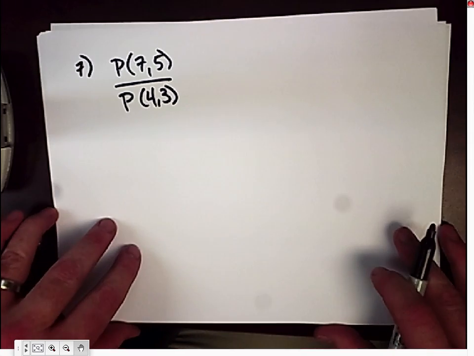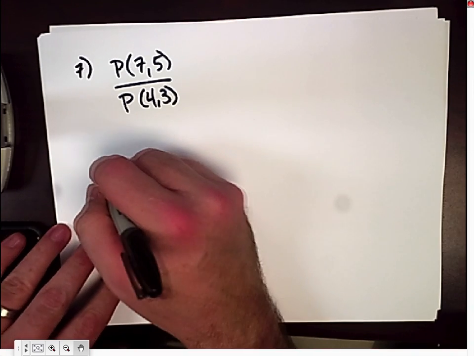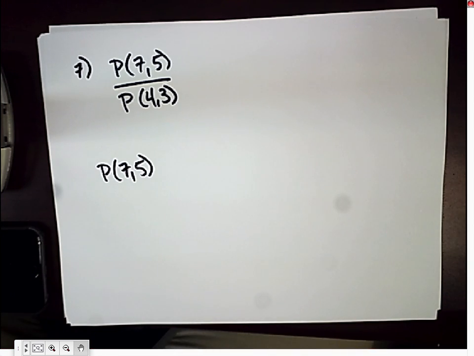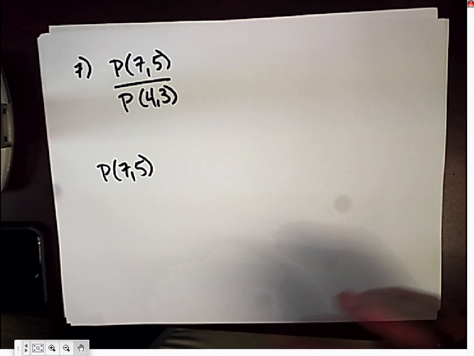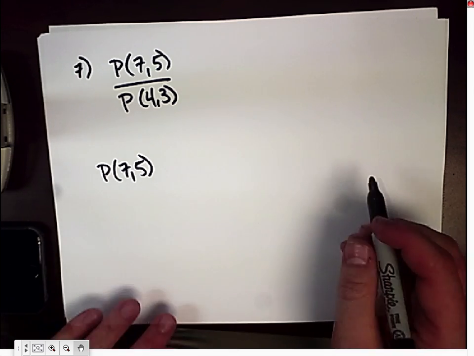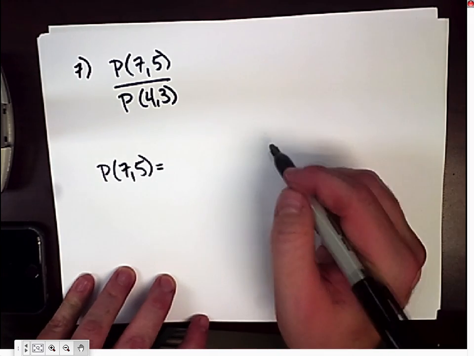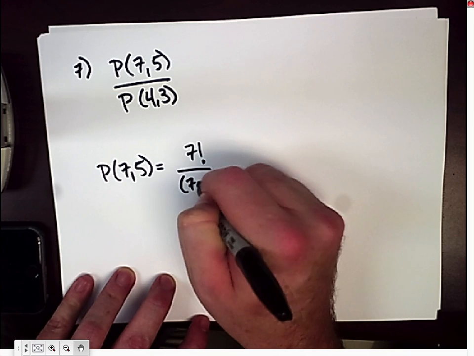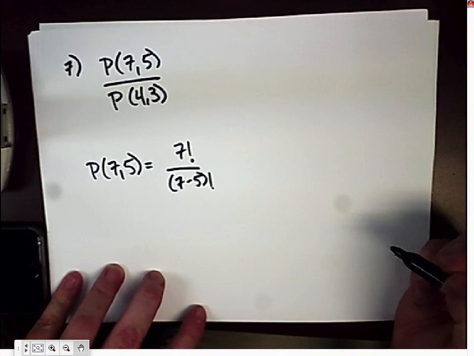So we need to work these separately. So first, what is the permutation of 7 choose 5? So think about what this means in a scenario. It's a permutation, so the order that things are chosen matters, right? And we have 7 choices and we're going to pick 5 of them. So what is the formula? 7 factorial over 7 minus 5 factorial. Okay?